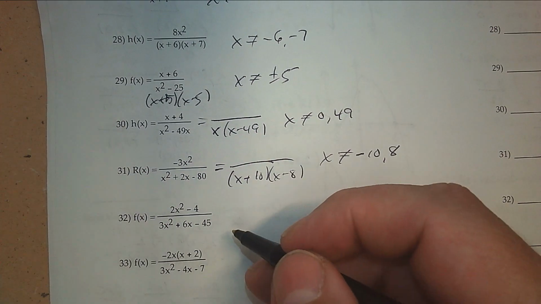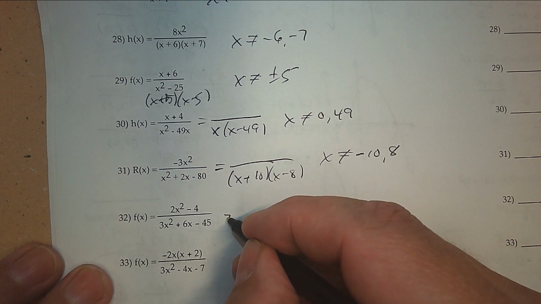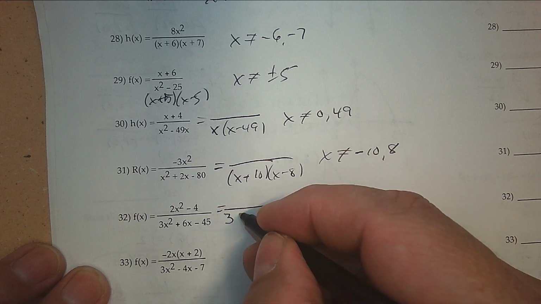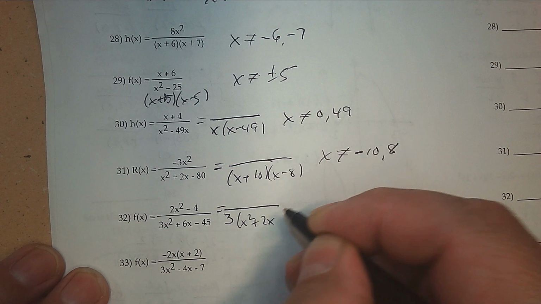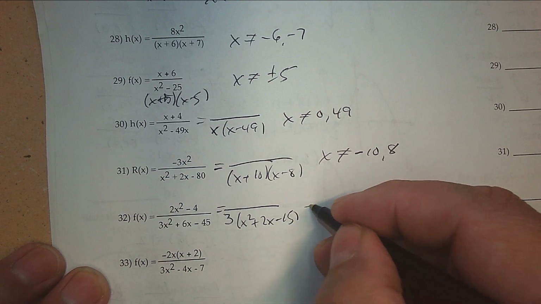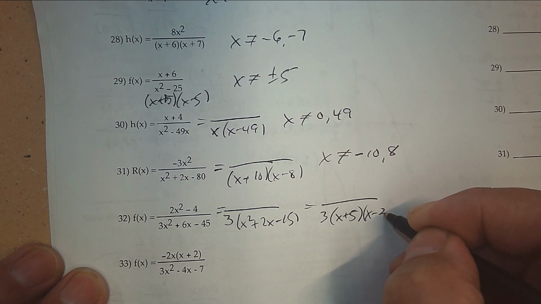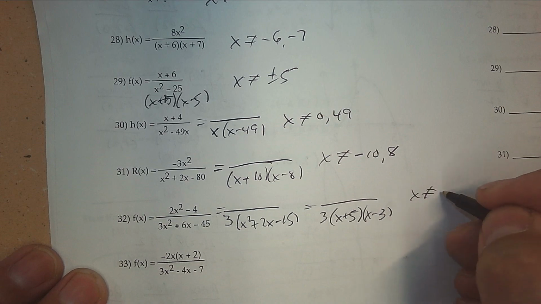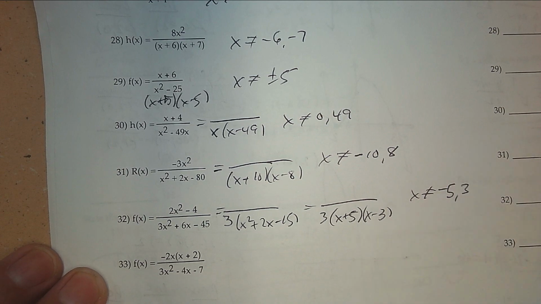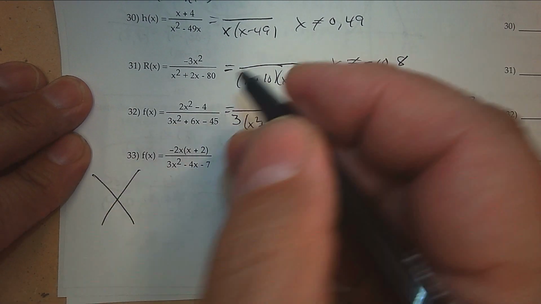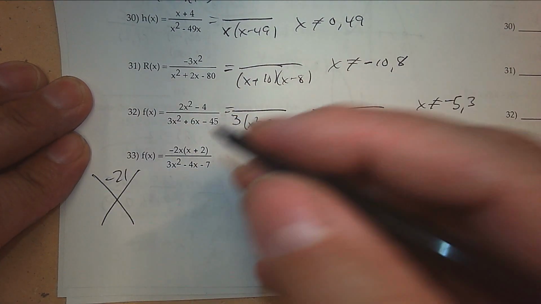Here, factor out of 3. And you get x squared plus 2x minus 15. And then one more time, x plus 5, x subtract 3. So the two numbers x can't be are -5 and +3. Here, a little more work. -21 and -4.